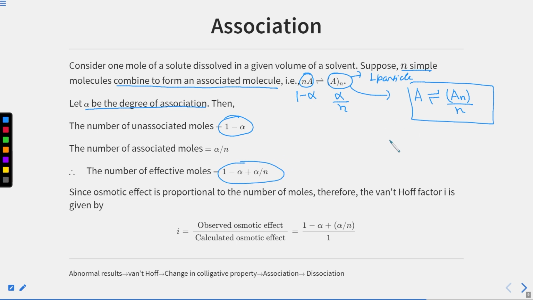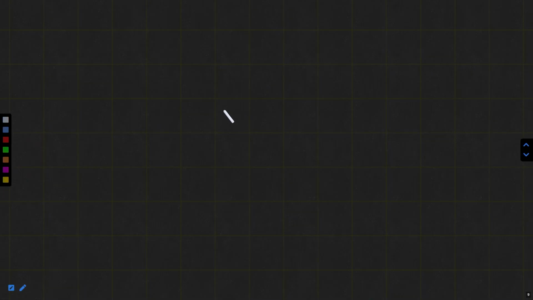Let me write it more clearly. I said that n number of A particles are associating to give one particle, that is An. Now suppose I am considering it for 1 mole, then 1 mole of A will give this much. Suppose at time t equals 0, we have 1 mole and initially this is 0 mole.